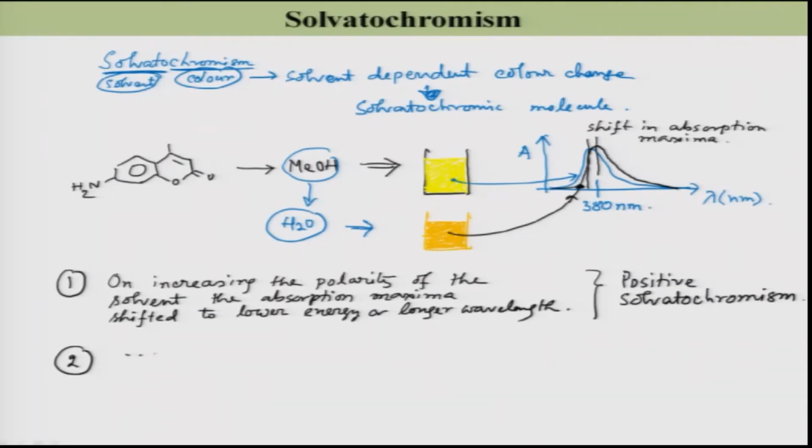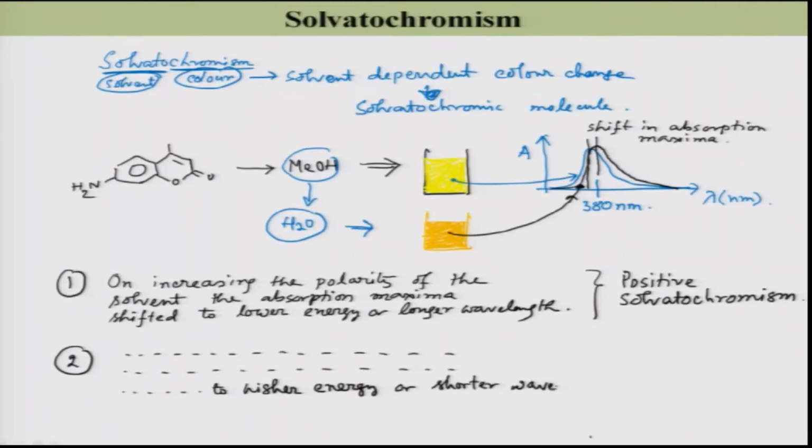So, everything is same like this, to higher energy, or shorter wavelength. This is known as negative solvatochromism.